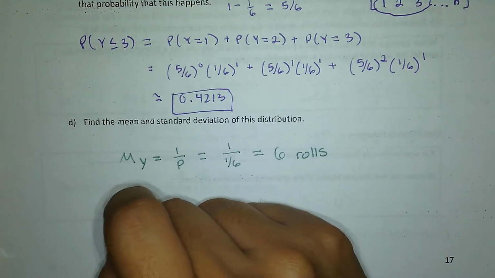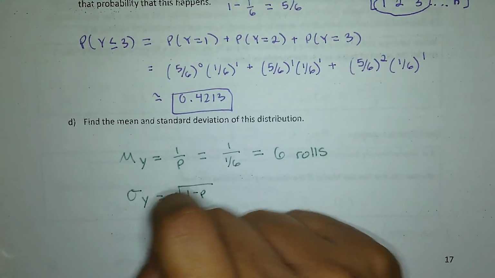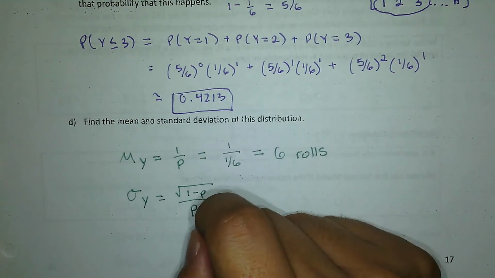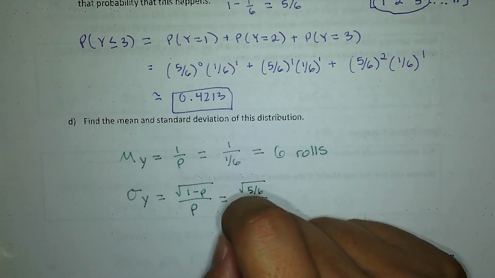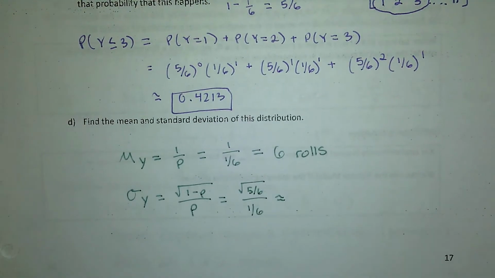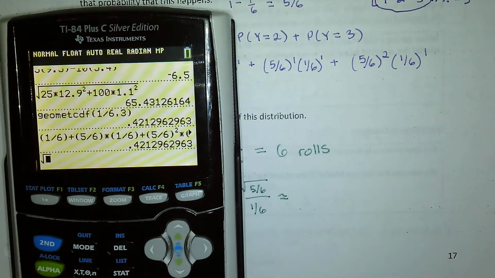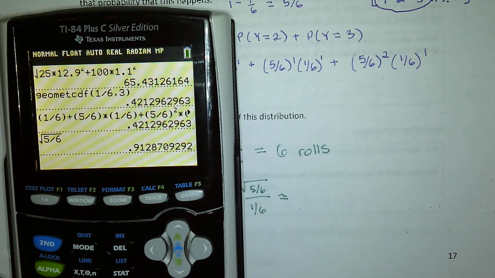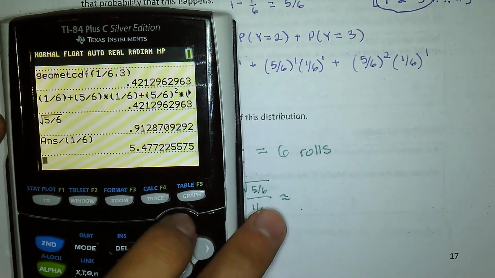And then we're going to repeat the same thing for the sigma of y here. So we have the square root of (1 minus p) all over p. So the square root here of 5/6 divided by 1/6 will give us approximately, and let's check it out, the square root of 5/6 is some number, and that divided by 1/6 will give us 5.4772.